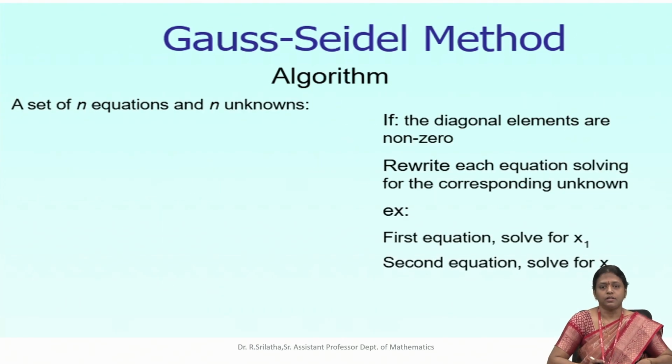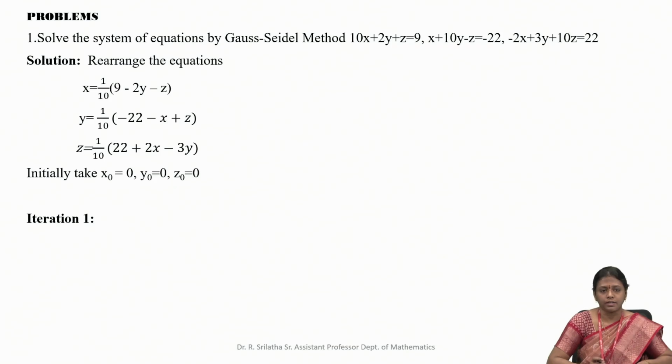This is the important point under the Gauss Seidel method. We also need to keep some conditions in mind: all the diagonal elements should be non-zero so that we can carry out the evaluations.